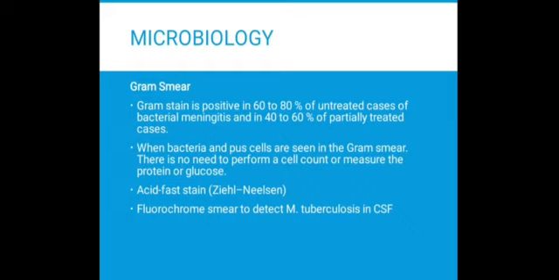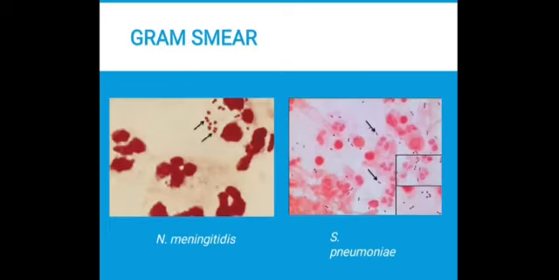When Mycobacterium tuberculosis is suspected, Ziehl-Neelsen stain should be performed. We see here gram stain of Neisseria meningitidis, a gram-negative diplococci, and here a gram stain of Streptococcus pneumoniae, a gram-positive diplococci with white blood cells.